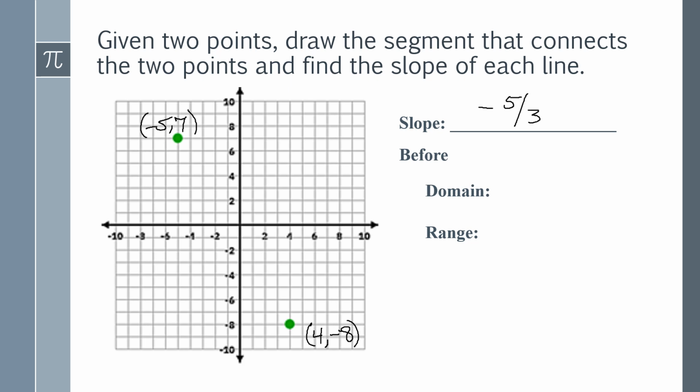So let's go ahead and chart our domain here. Our domain with these discrete points is {-5, 4} for the x values. And I like to put the range in numerical order, so this will be {-8, 7}. And there's a reason for that you'll see in a second.